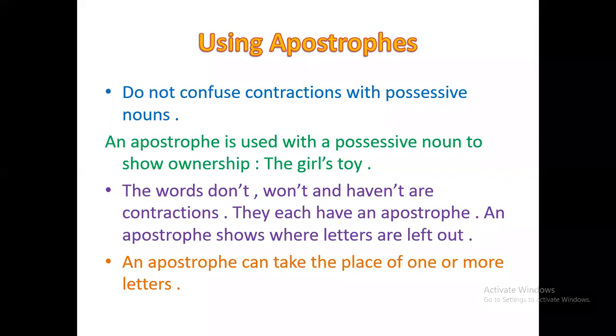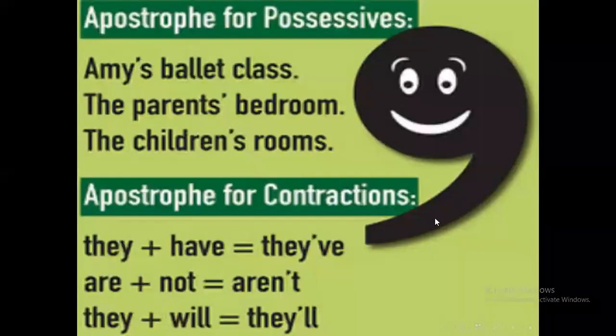Okay, so what's the meaning of possessive? Possessive means when someone owns something. It shows the ownership. Let's look at the difference between them. For the apostrophe in possessive, if it's a singular noun, we're going to put apostrophe S. If it's a plural, we're going to put only an apostrophe.